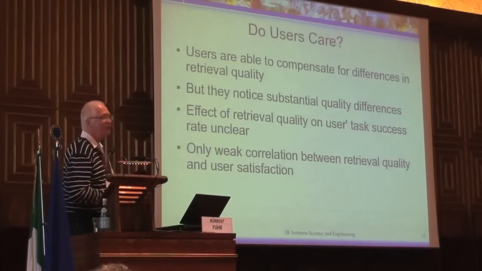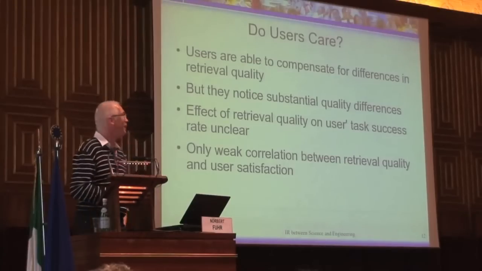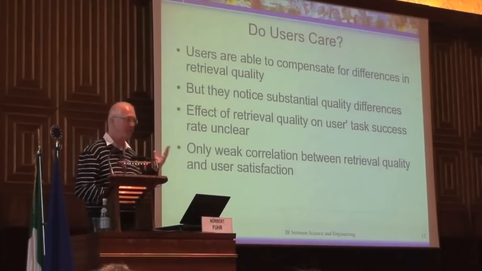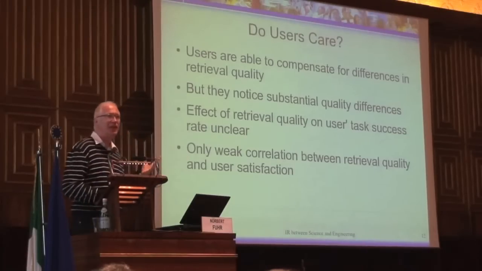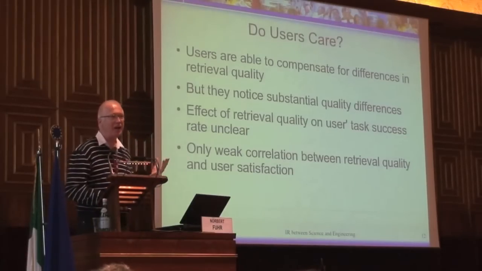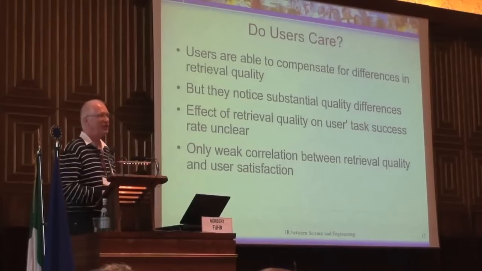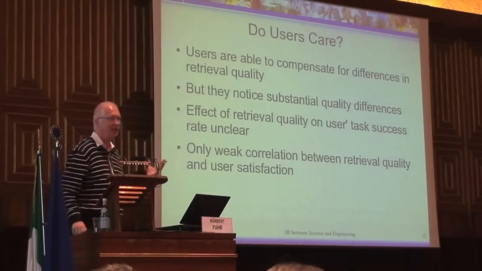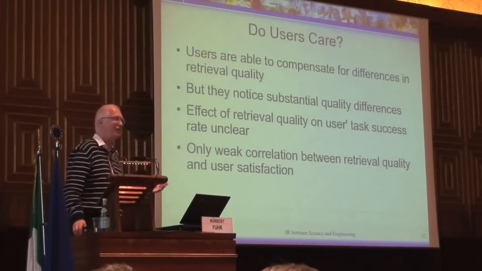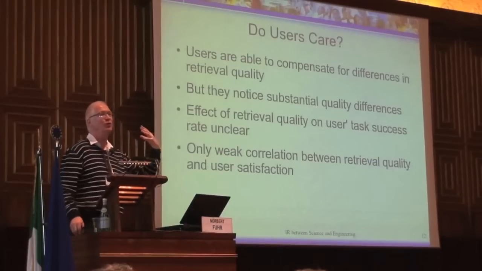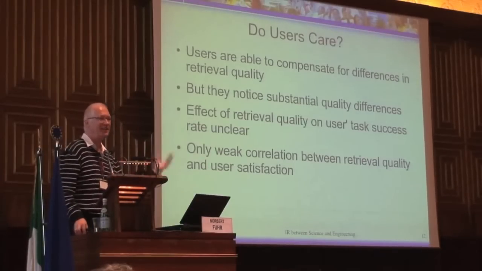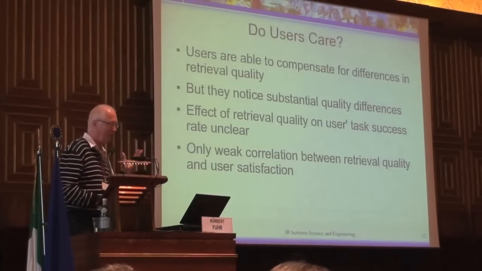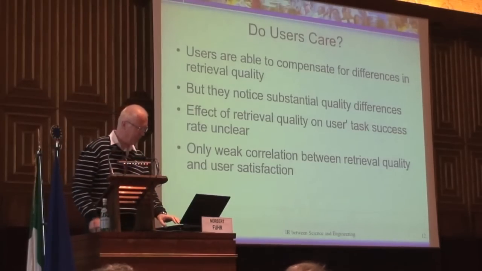Also, in terms of user satisfaction, there's no clear picture if users are more satisfied with a better retrieval system. So this is still an area where we need more research. So all the emphasis on better retrieval quality of the backend has not really gone through to users performing their tasks in a better way and users being more satisfied. We need more research in this area.